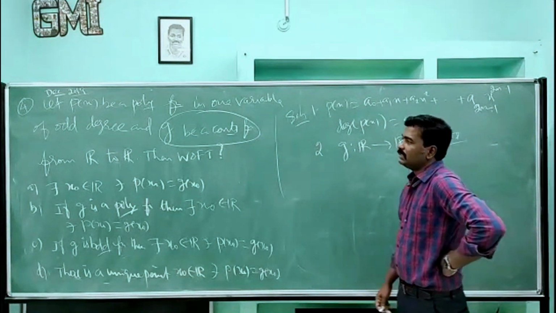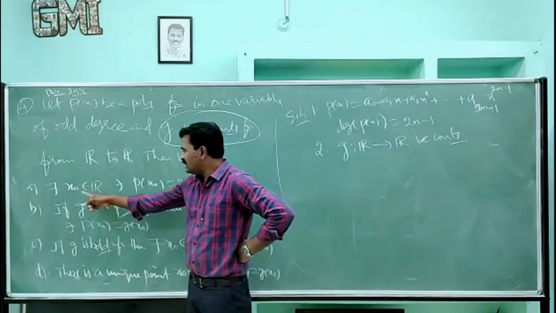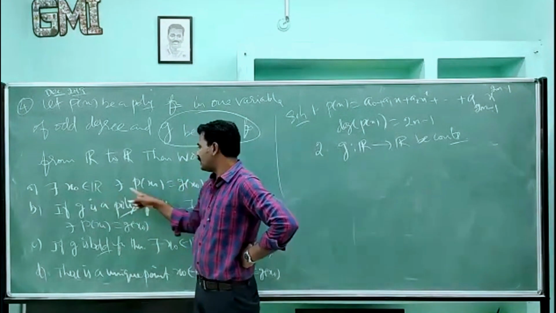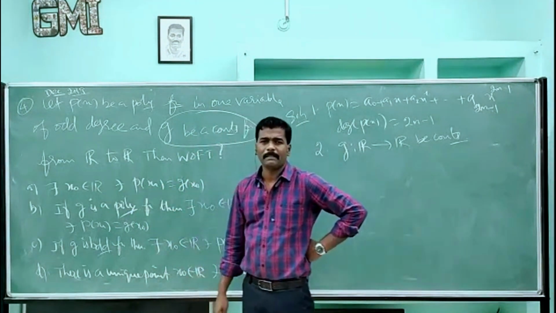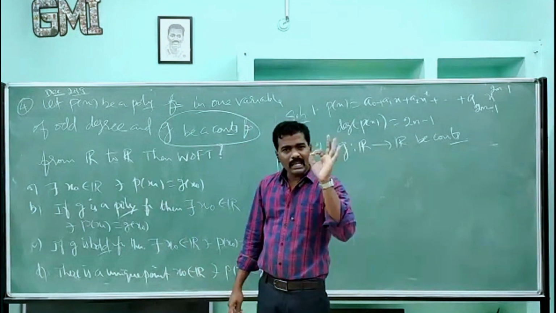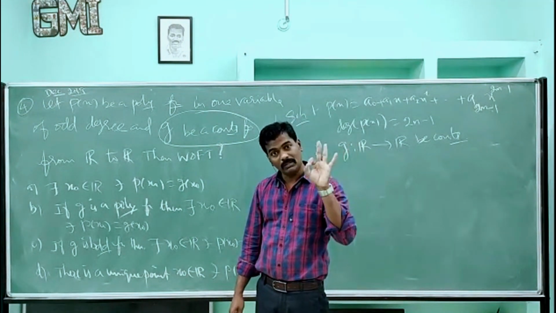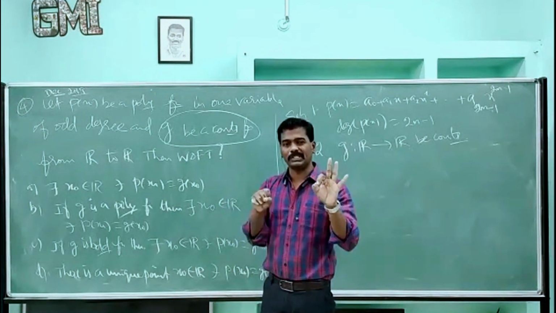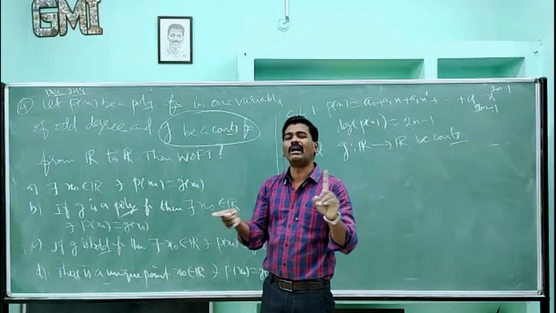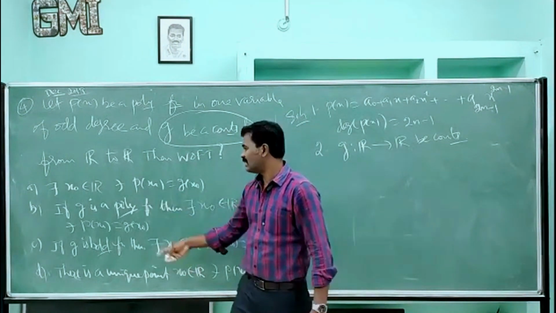What about option A? There exists an x naught in R such that P of x naught equals G of x naught. What is the meaning?